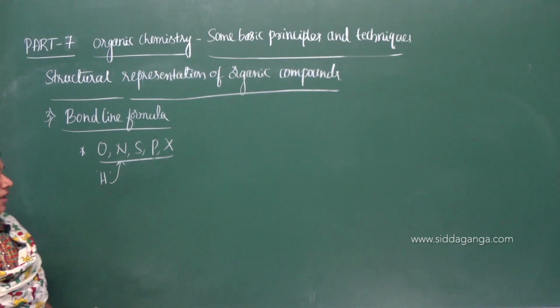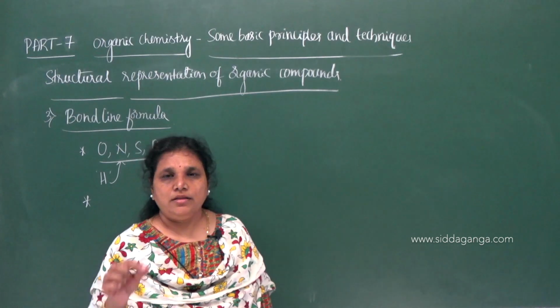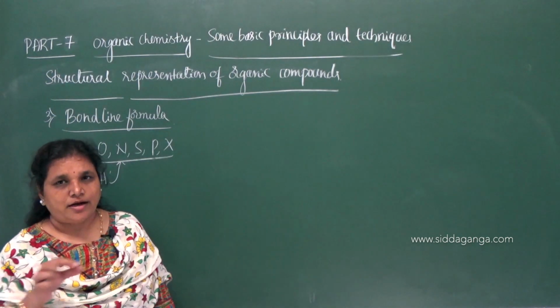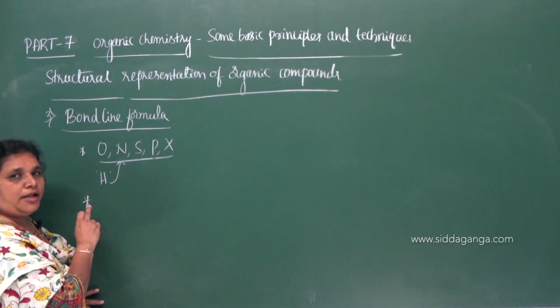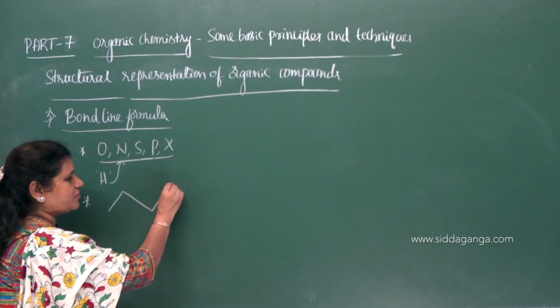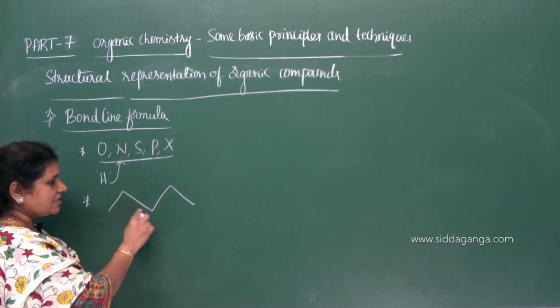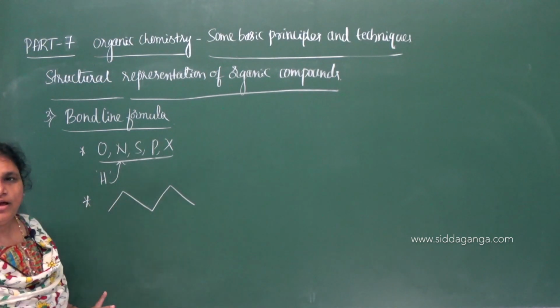The second point in the bond line representation is that the carbon to carbon bonds, or the carbon chain present in an organic compound, is represented by a line in a zigzag fashion. So this zigzag fashion indicates the carbon chain present in a given compound.